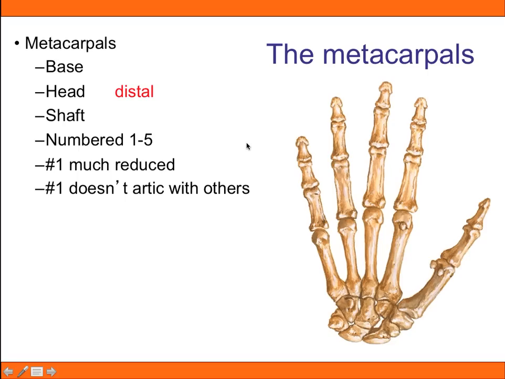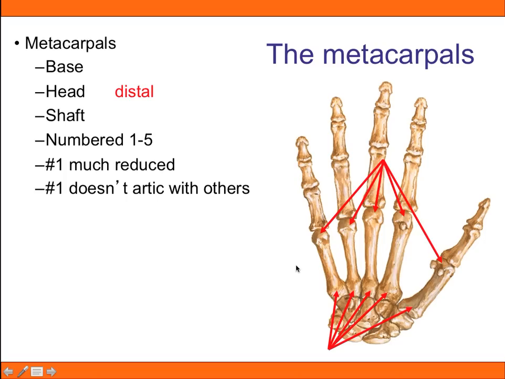Right, move on. Metacarpals. What do the metacarpals look like? Well, they're here, and they have a base, they have a head, and they have a shaft. So here's the base, here's the heads, and here's the shafts down here. They're numbered 1 to 5.